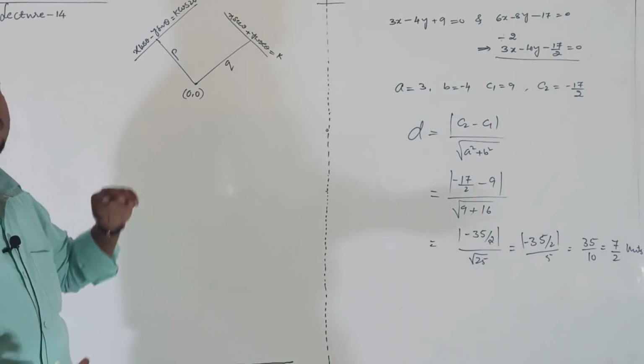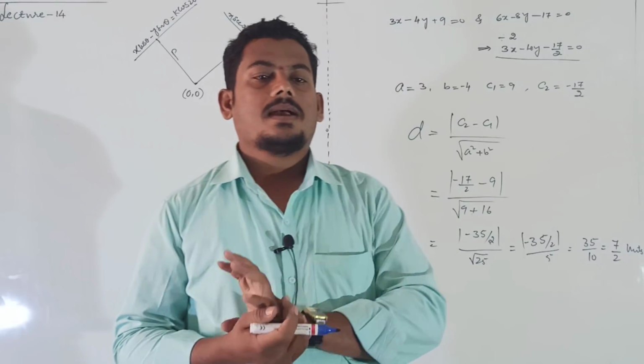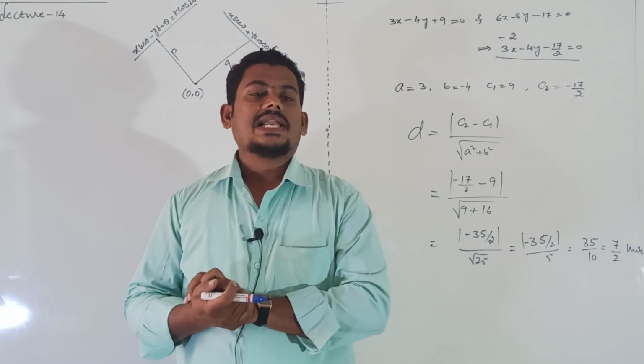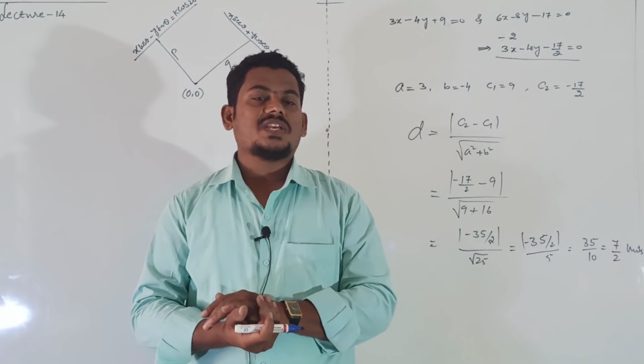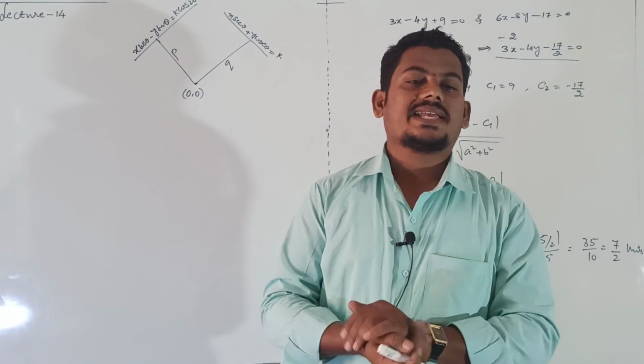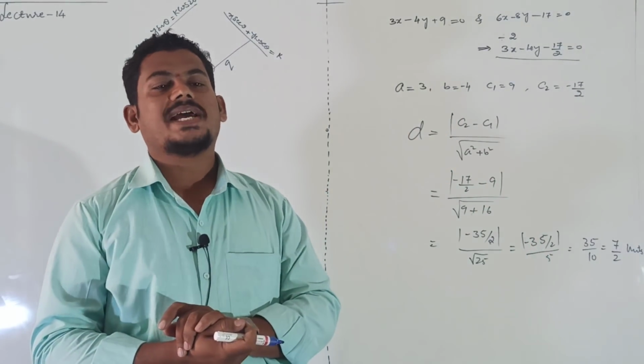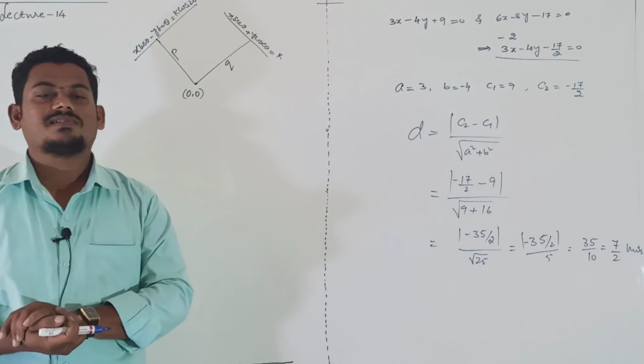They have given this much condition. Two lines they have given, at a distance p units and q units from the origin, then prove that p square plus 4q square is equal to k square, right?